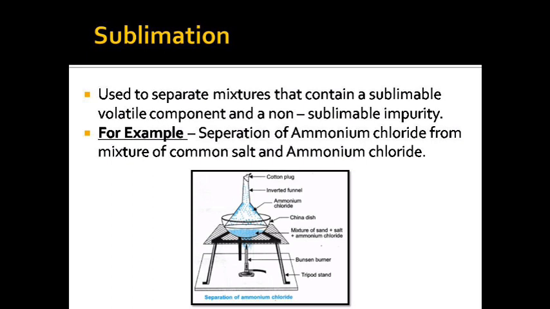With this process, the sublimable component converts into gas and the non-sublimable stays at the bottom. For example, we can separate ammonium chloride from the mixture of common salt and ammonium chloride because ammonium chloride is a sublimable one and common salt is non-sublimable. So ammonium chloride is collected at the top in the form of gas.